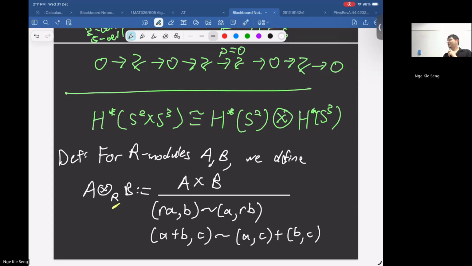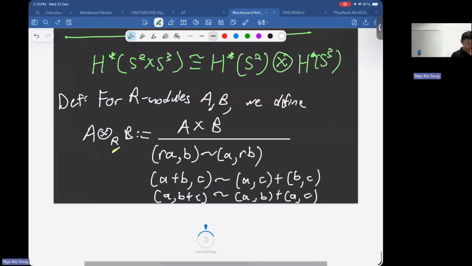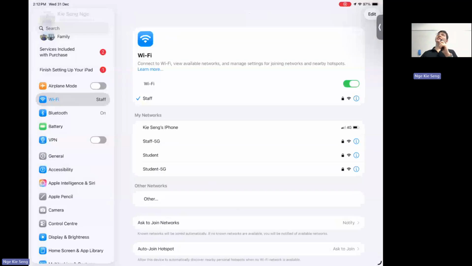Yeah, it's kind of bilinear, but more than bilinear, because the R can move across. With bilinear you can just pull the R out, but here you can pull it into a different space.